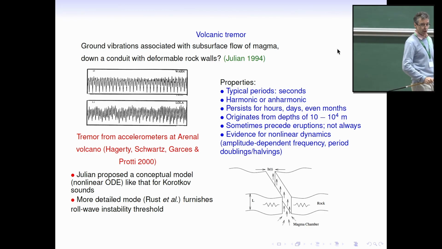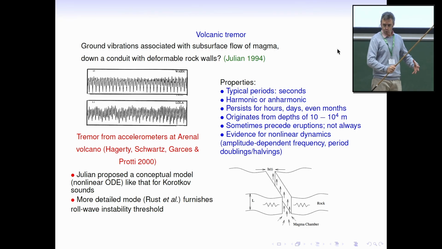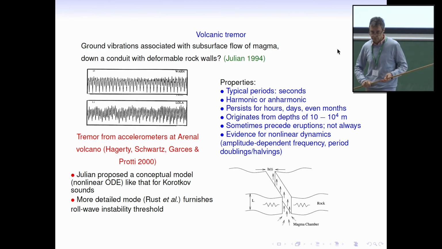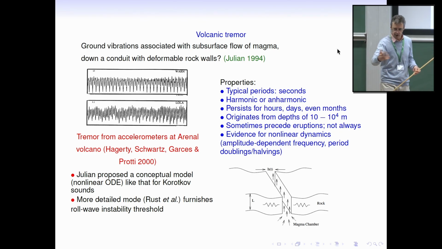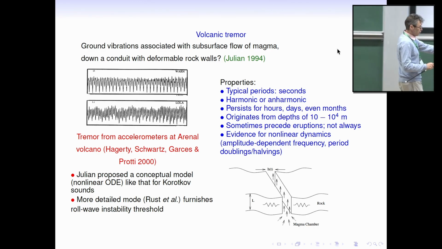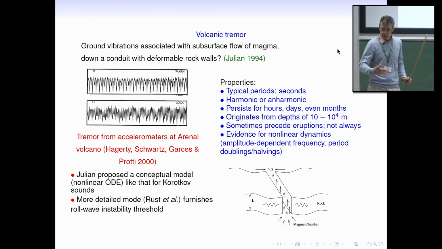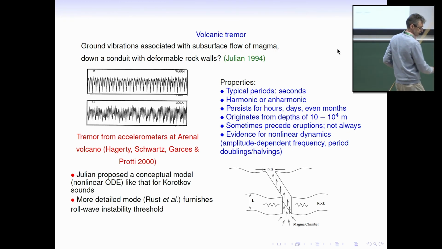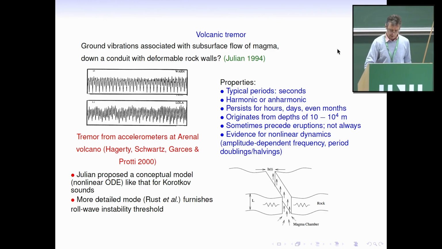And the best interpretation for it is that you basically got a little conduit with rock walls, but they can move, and as the magma flows through it, it excites vibrations. And what Julian did is he wrote down an ODE model, just like that lumped parameter model for Korotkov sounds. But you can sort of extend it and think about it as a long conduit and come up with a sort of a roll wave instability analysis of it. And there's a whole bunch of interesting things here that's going a little bit too far for the present context. Okay.